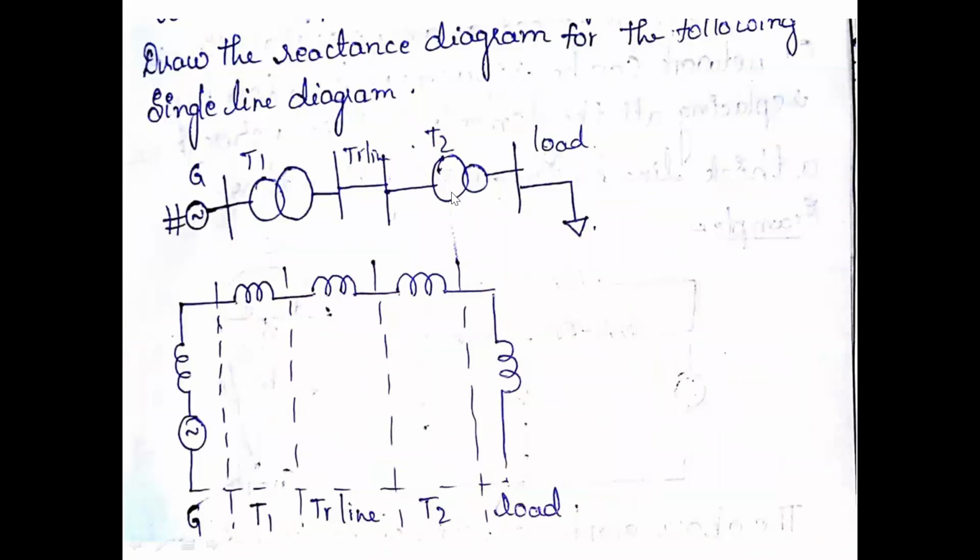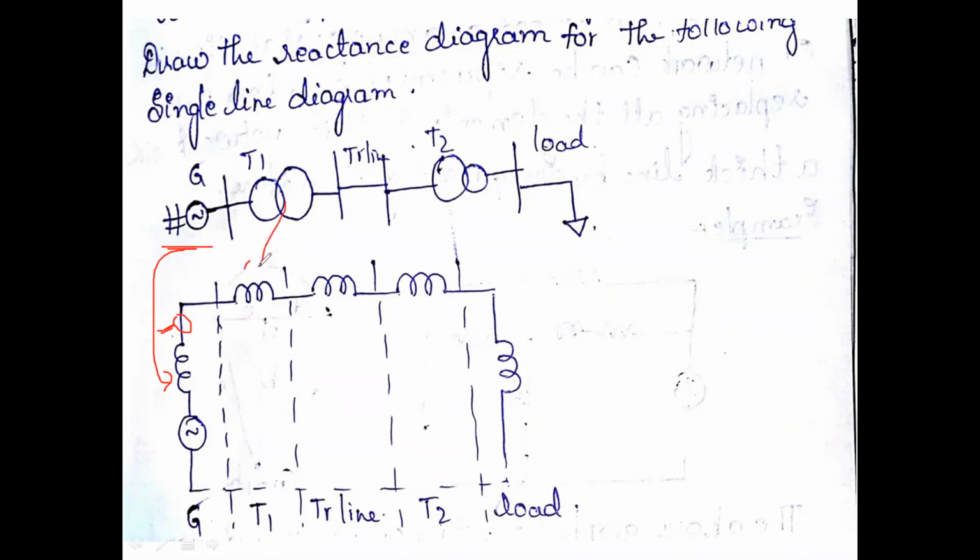Now we will see a small problem: how we draw the reactance diagram, similar to the previous case. The generator is replaced with its equivalent circuit, where we omit the resistance because it is a reactance diagram. We should not write the resistance, because if we do, it may convert into an impedance diagram. This is nothing but the reactance.